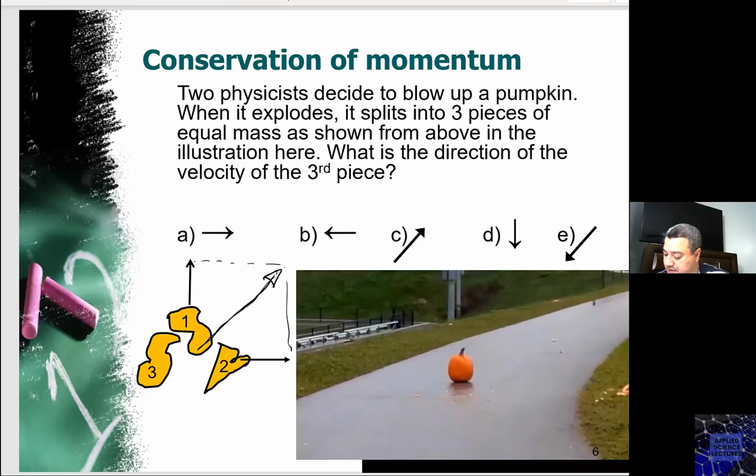So it makes sense that the third one, due to the conservation of energy, should oppose this direction, right? Which means in this case, E would be the answer to this problem.